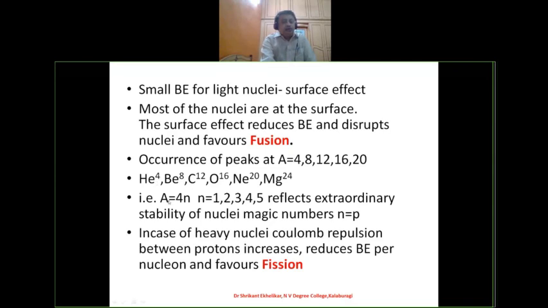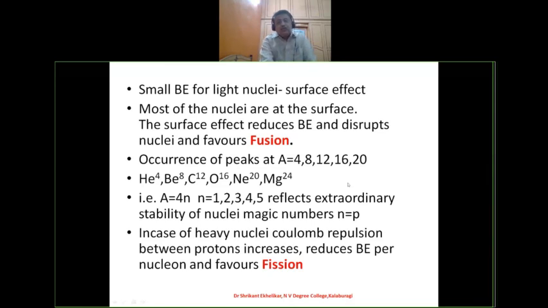Helium 4 follows A equal to 4n, where n equal to 1 is the first member. Similarly, beryllium, n equal to 2, is 8, the second member. n equal to 3 is carbon. n equal to 4 is oxygen. n equal to 5 is 20, neon. n equal to 6 is 24.